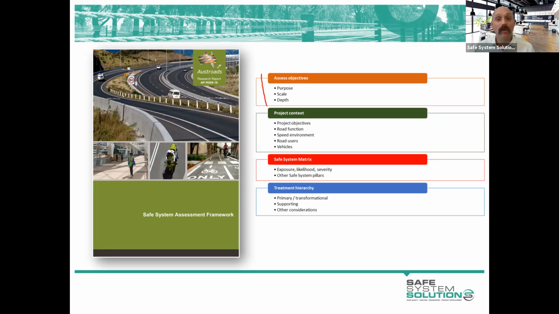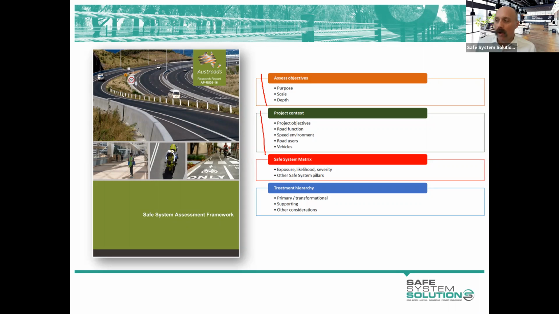It can be that you do this on individual pieces of infrastructure, like a new roundabout being planned, or a town bypass, or a local area traffic management scheme, whatever it is. But you can also use this to assess a whole remote community, a whole township. You could assess a program if you wanted. So you've got quite a bit of scalability in this.